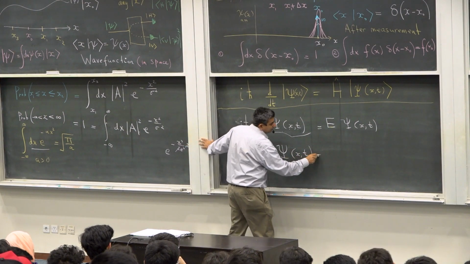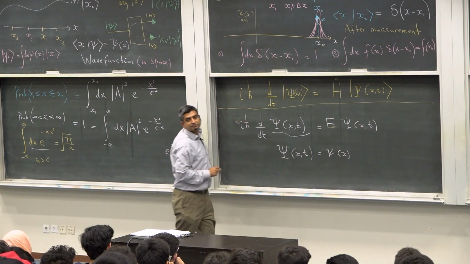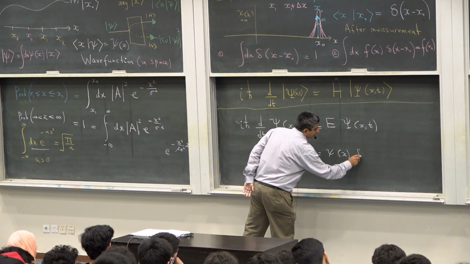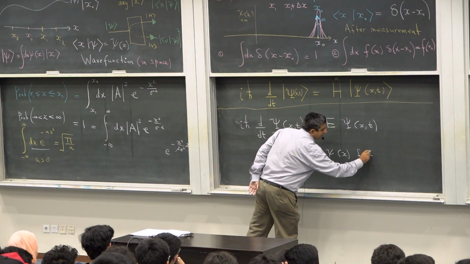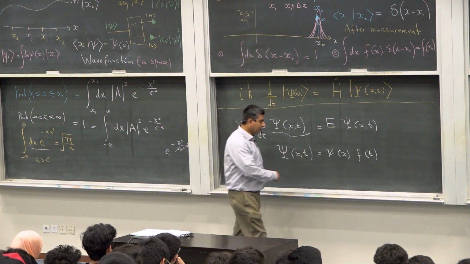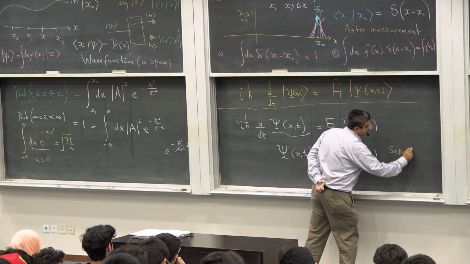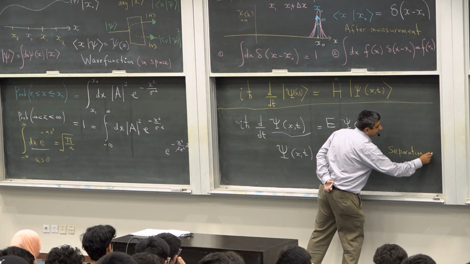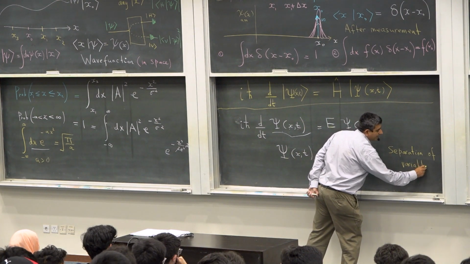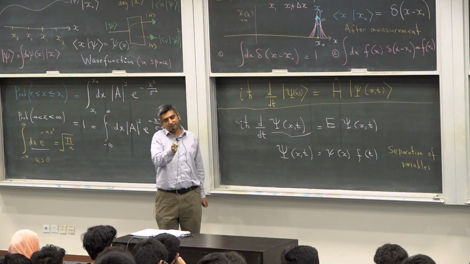One part is the wave function only with respect to space, and the other part is with respect to time. This technique is called separation of variables. When you have a differential equation that has both a space part and a time part, that's the first thing you would like to do.